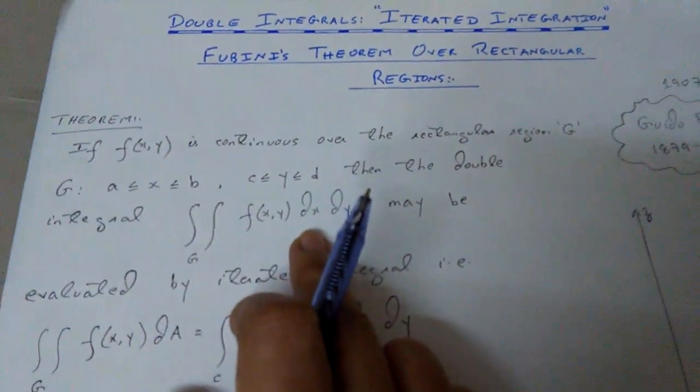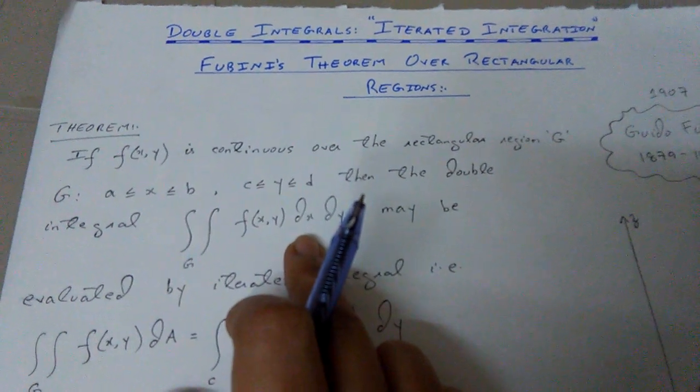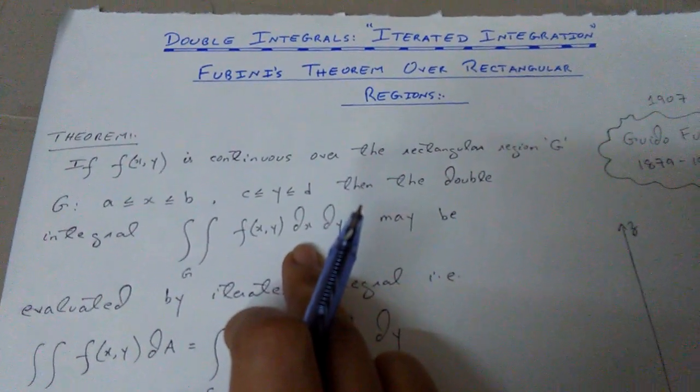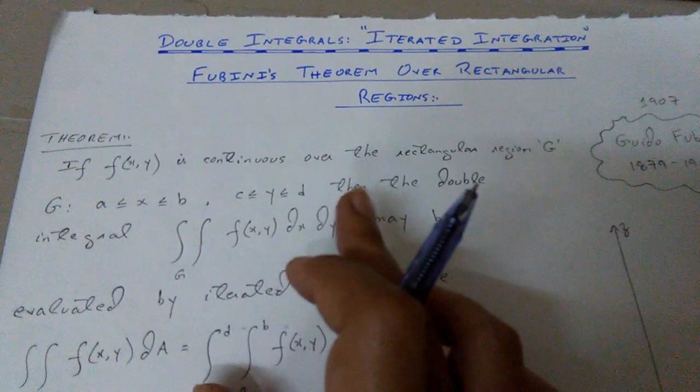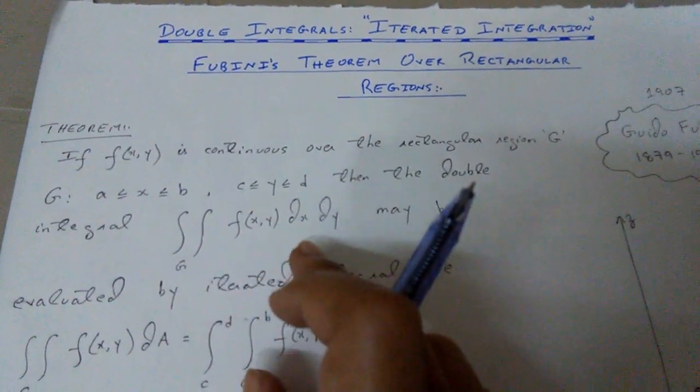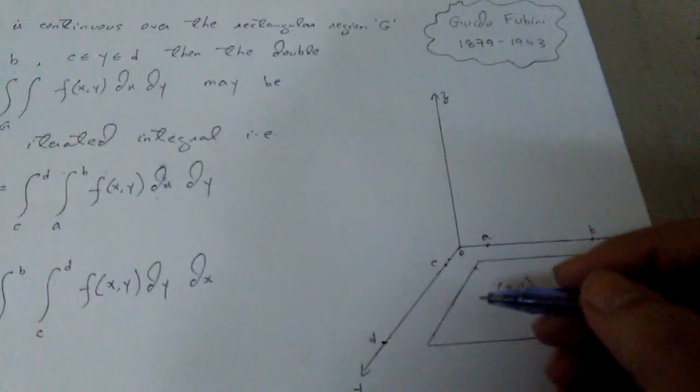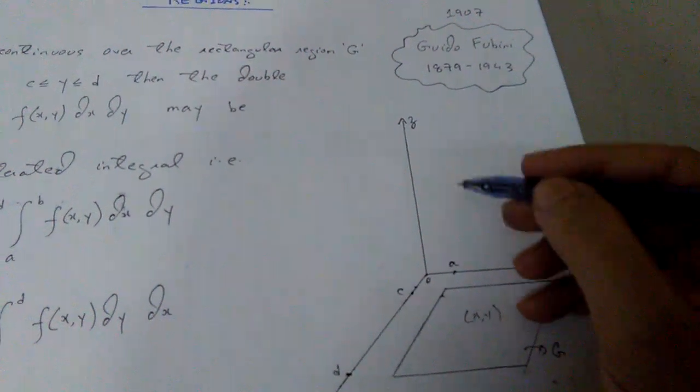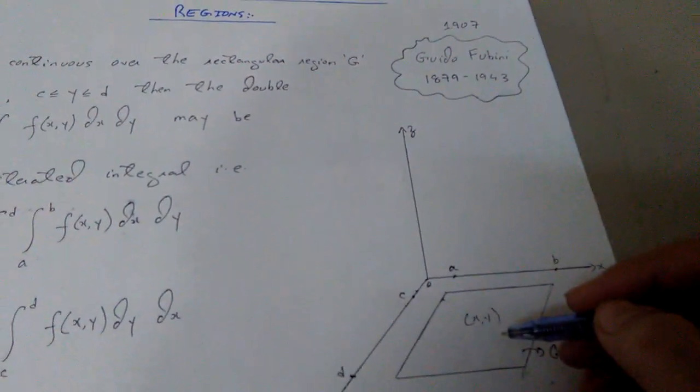But that's what Guido Fubini tells: how you are going to evaluate, or perform this double integration in order to find the volume bounded by the certain surface S and this plane G.